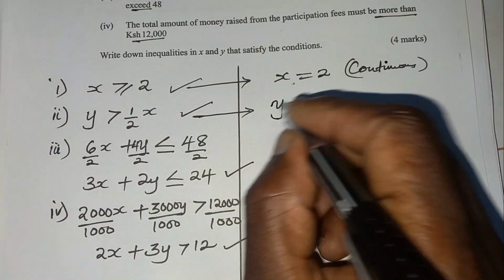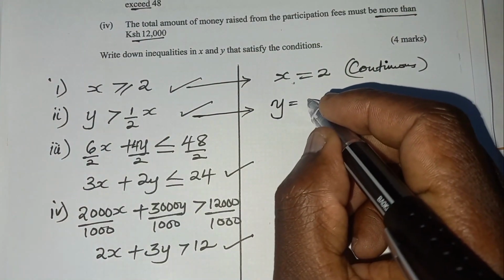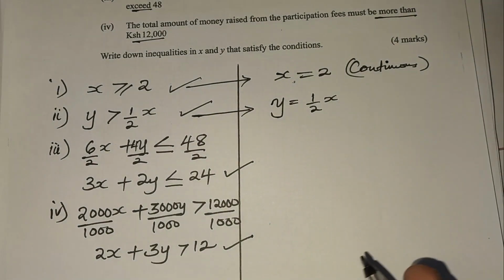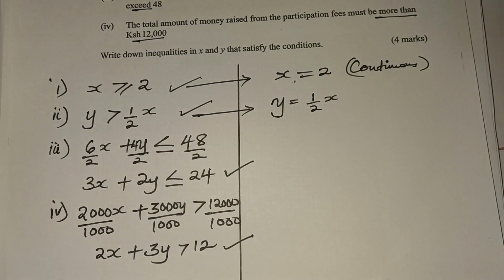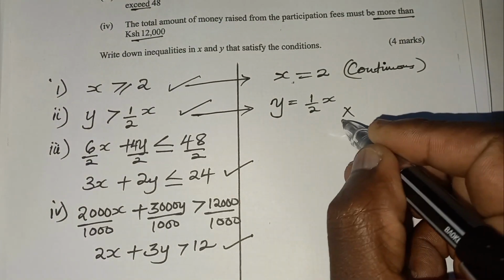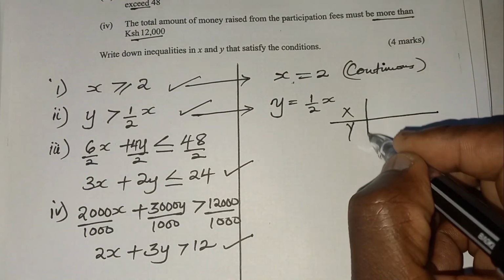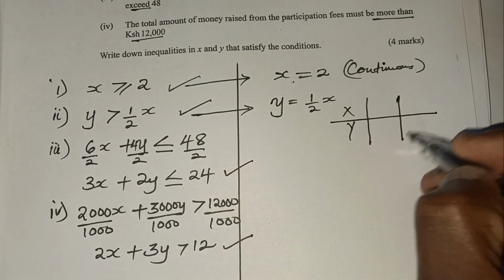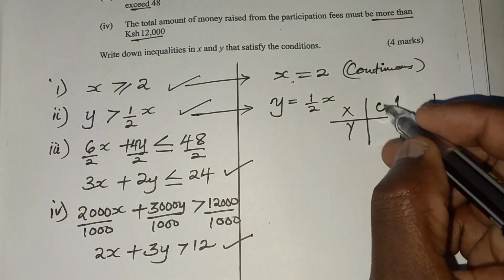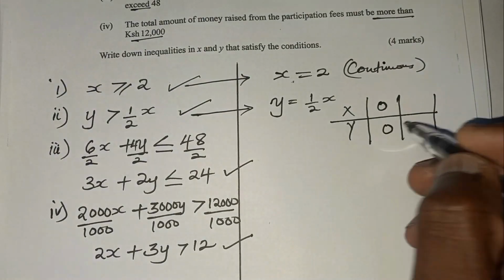So the line you're going to draw is y is equals to a half x. To draw that line, you need at least 2 points. So I'm going to just prepare a simple table here. So for example, when x is 0, y is 0.